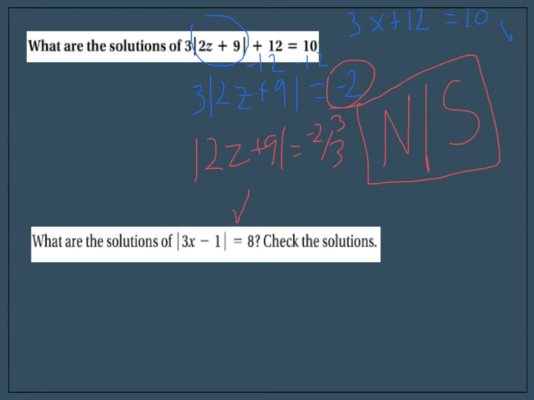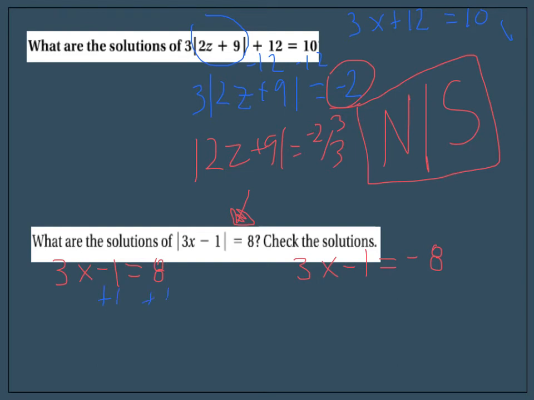So when I look at this problem right here, I see my absolute value is not negative, but in order to solve for my two solutions, I have to write a positive answer, so 3x minus 1 is equal to 8. And I also have to write a negative answer, because remember, when you have absolute value, it could equal a negative. And then I solve both of those separately.